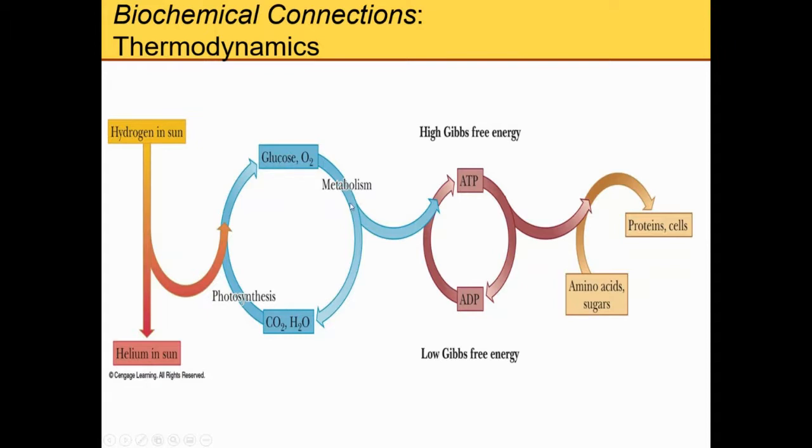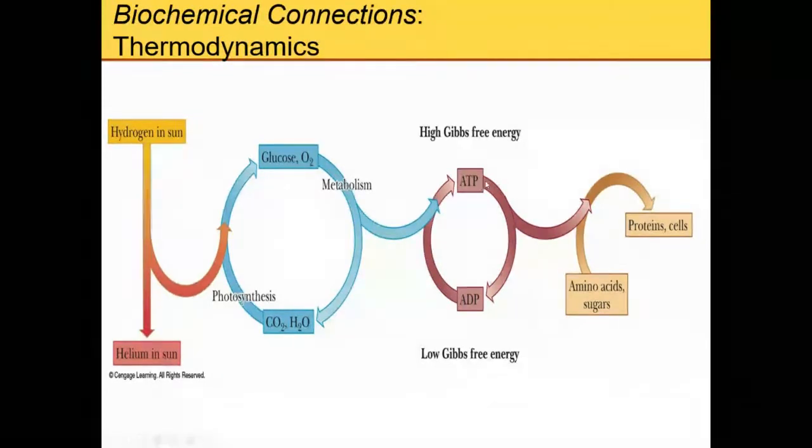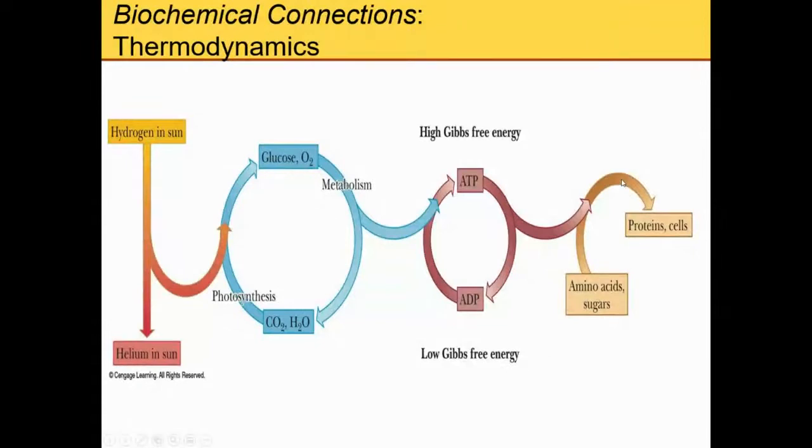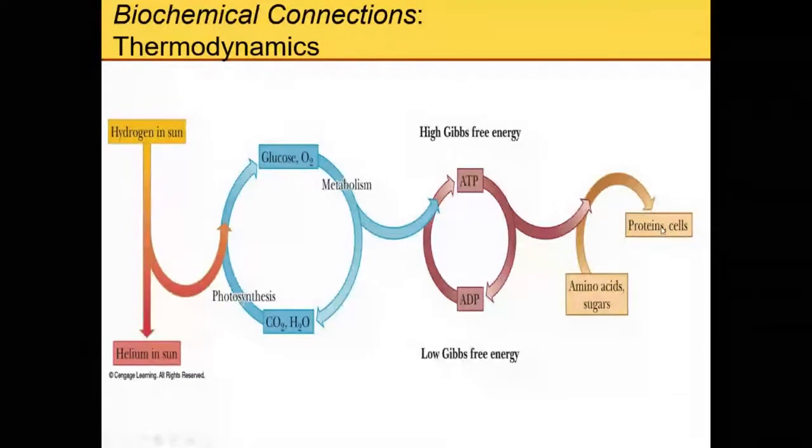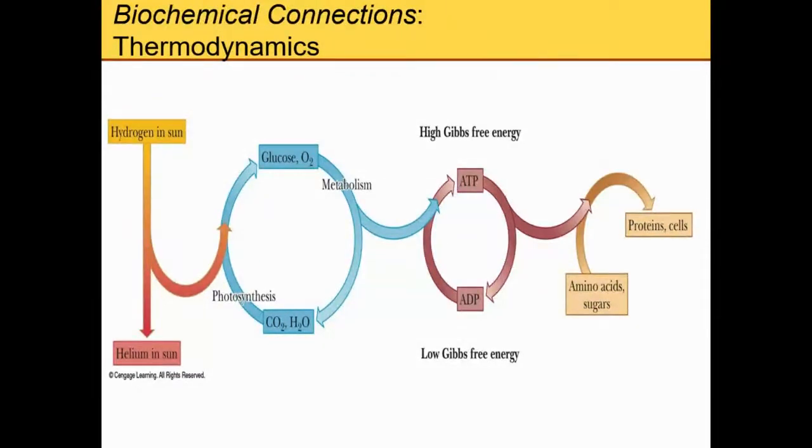They will release hydrogen and also electrons, and through those transfers you make ATP. Then this ATP can be used to synthesize protein and other macromolecules like lipids. So this is the connection between thermodynamics and those biochemical processes.